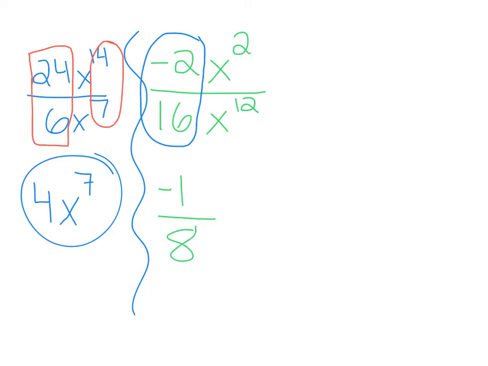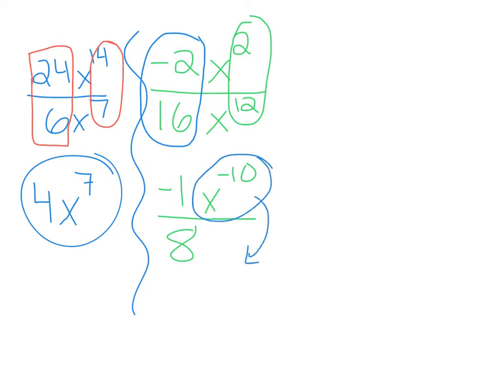And then if you were to subtract your exponents, 2 minus 12. So two ways you can think about this is, well, 2 minus 12 is negative 10. So that would be x to the power of negative 10. But then because you have a negative exponent, you have to move it to the denominator and make it positive.